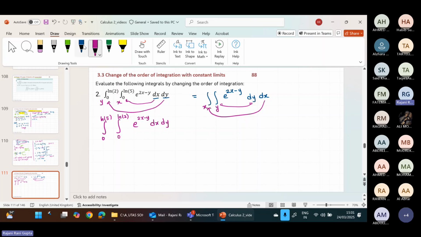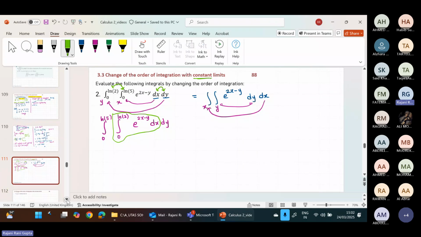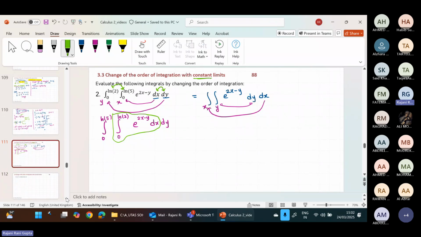Or in short, if you need a further shortcut, but this will work only when the limits are constant, you just shuffle the position of these two and then shuffle these two integral. Okay, and you will get it. And then the process remains same. Solving this integral first with respect to x, whatever answer you get, integrate it with respect to y. Okay, so this is a straightforward topic. That's not very difficult.